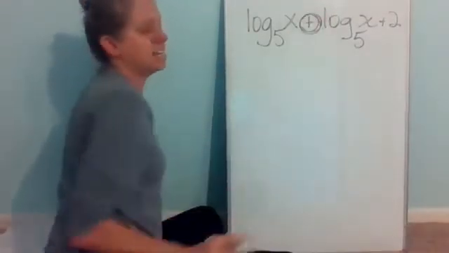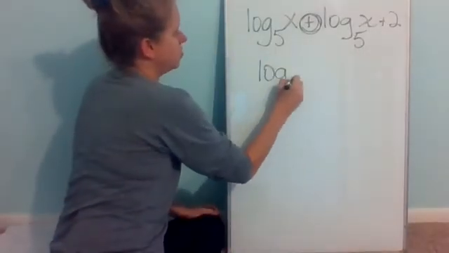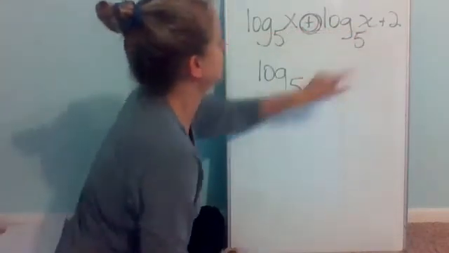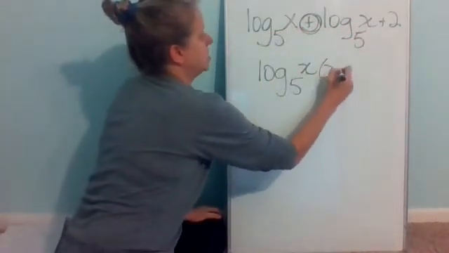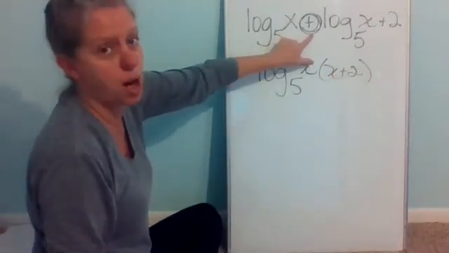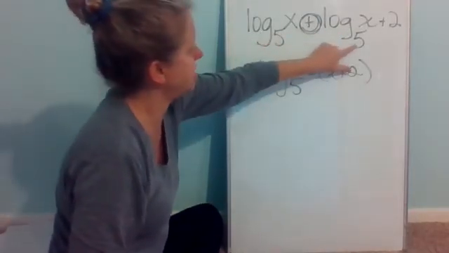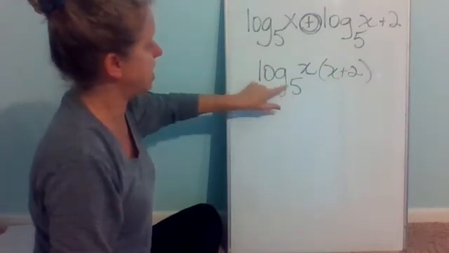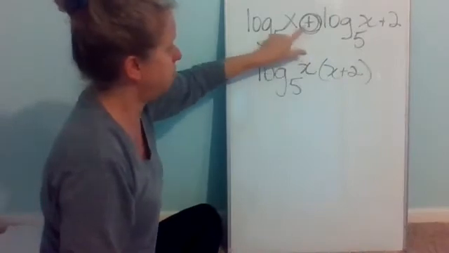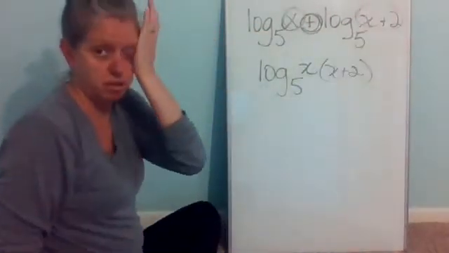If they have the same base, remember, you could rewrite this as a single logarithm. What does adding two logs turn into? The single logarithm, which is log base 5, then multiply these together, which would be x plus 2. So again, if you have the sum of two logs that have the same base, you can rewrite that as a single logarithm of that base and multiply those together.